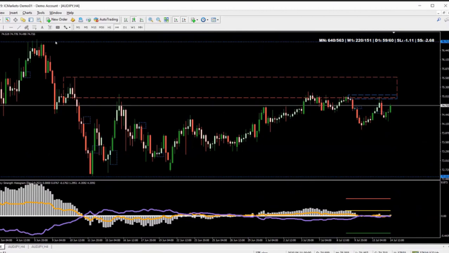So you have this area of supply, price tested here the first time. So when this happens, the chart is telling you that this is the cheapest price that you want to sell at. So you mark this off in your charts relative to the area of supply, and you wait for price to come back to it in the future.